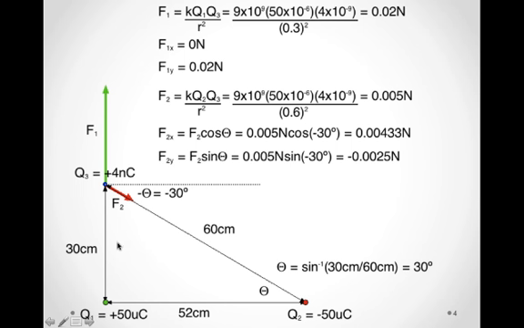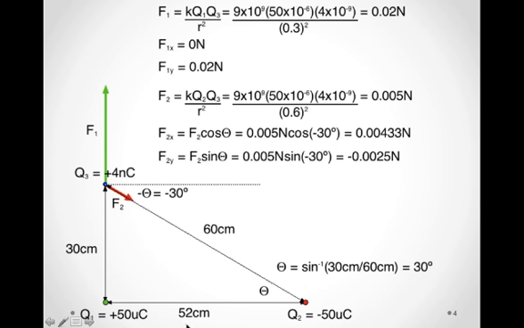Since the sine of theta is equal to the opposite over hypotenuse, the inverse sine of the opposite over hypotenuse is equal to the angle theta. Since I know all three sides, I could have used the inverse tangent.